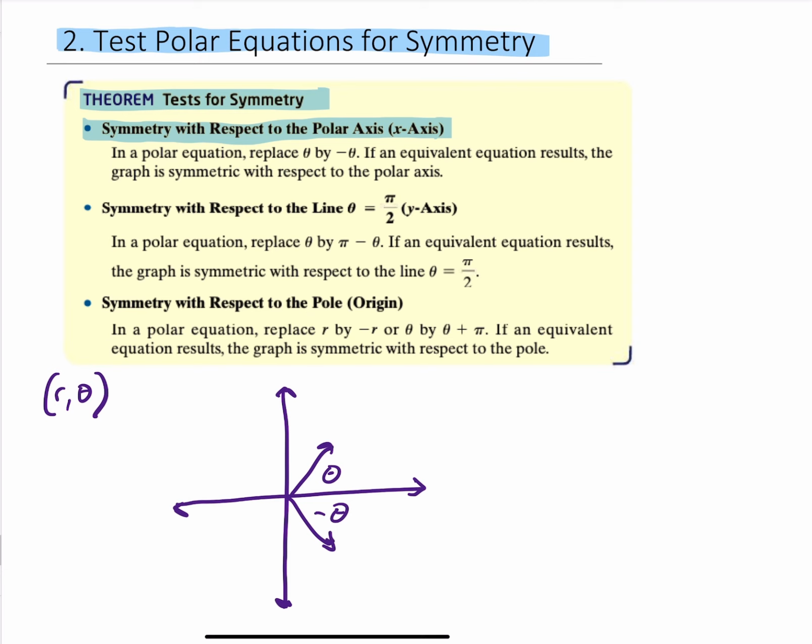So think about points on the unit circle when we were looking at the cosine. It had the same value for the positive and negative angle. So it's that same kind of idea. So that's the test for polar axis symmetry. It says to replace theta with negative theta, and if you get an equivalent equation, then it's symmetric.